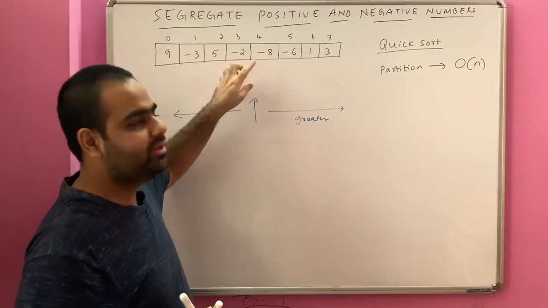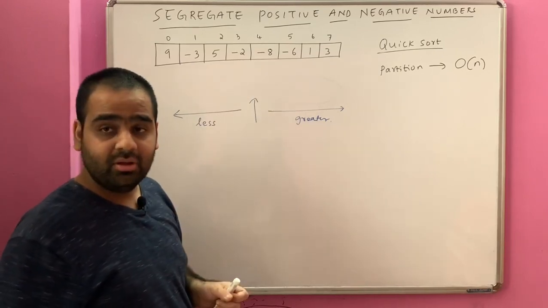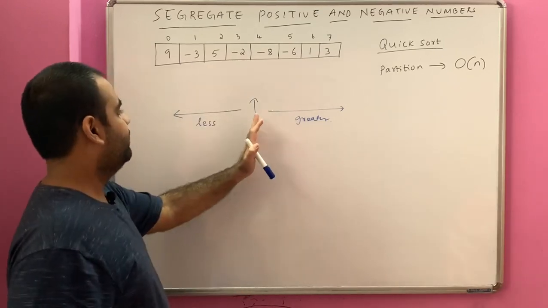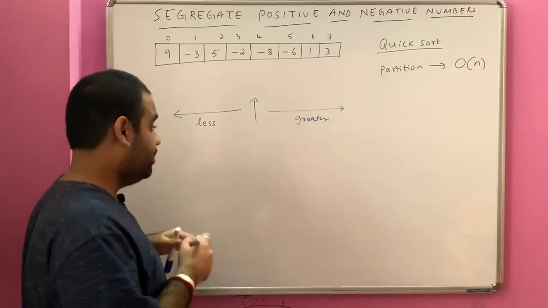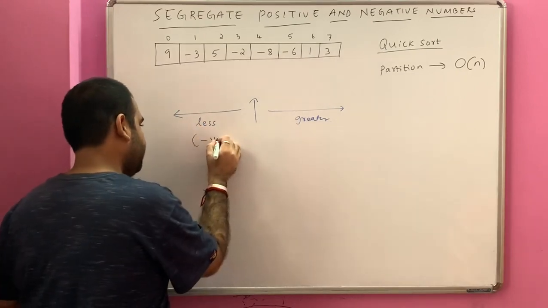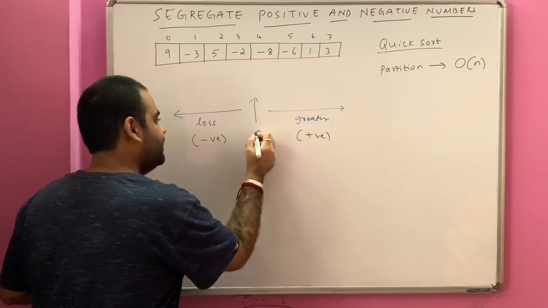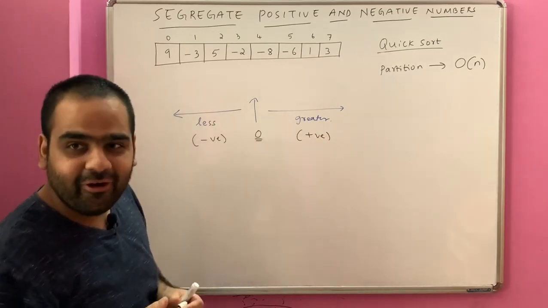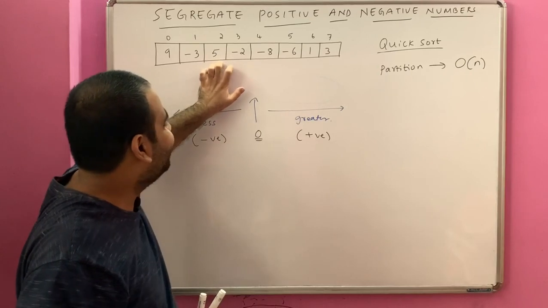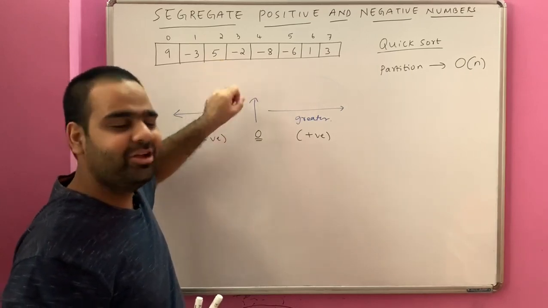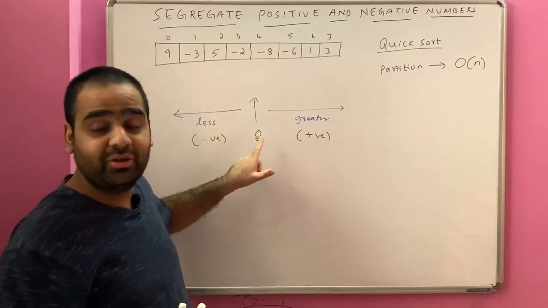Therefore, what element should it be over here? Can anyone say? All the elements on the left should be less, that means negative numbers. Greater means positive numbers. What number should it be? 0. Therefore, we partition this array.